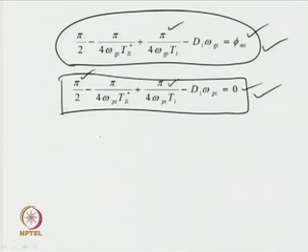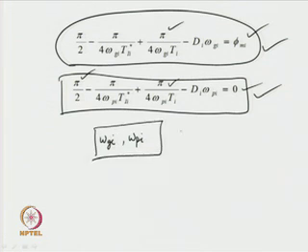For us, the unknowns are ω_gi, ω_pi, K_ci* and T_i*.